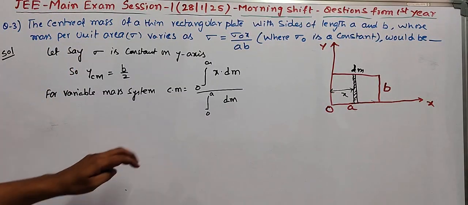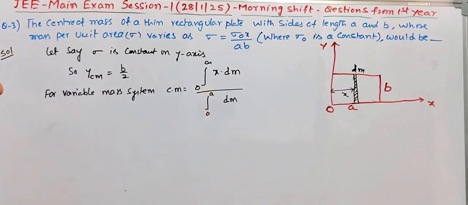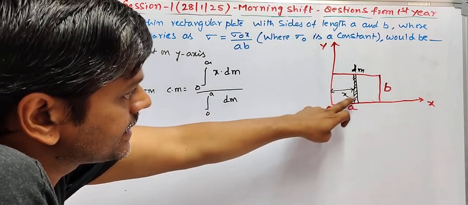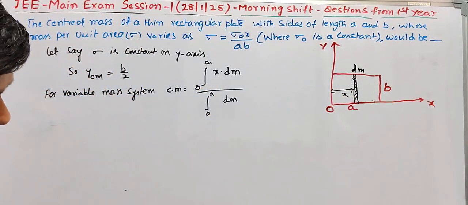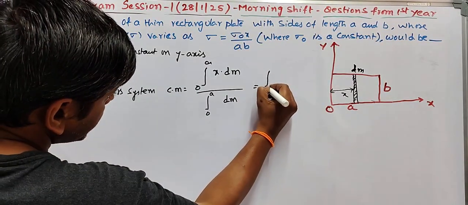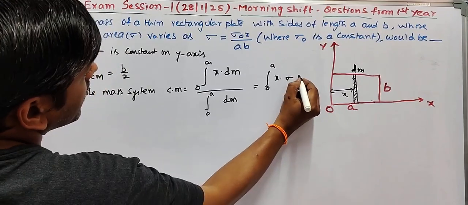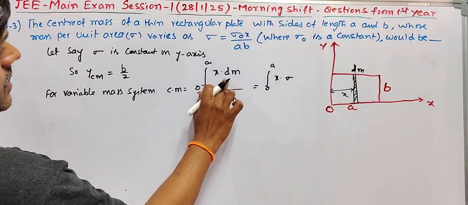Okay, so here x is the length from origin. So it may be written as integral 0 to A x into sigma, isn't it?